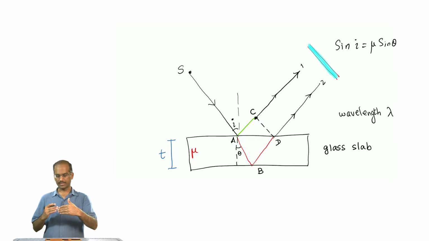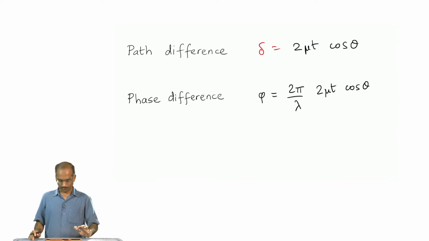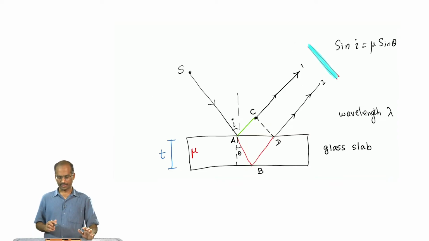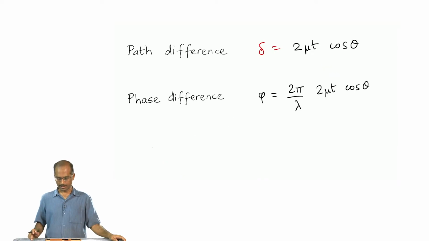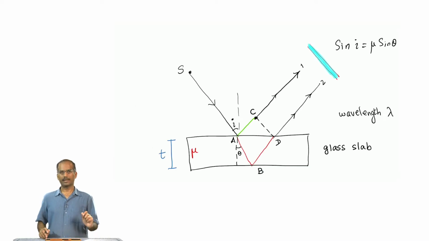Until the points C and D, they take different paths, which is what gives rise to the path difference. What we did in the last class was to actually calculate this path difference. We showed that in general the path difference is 2 mu t cos theta, where t is the thickness of the glass slab and theta is the angle of refraction.